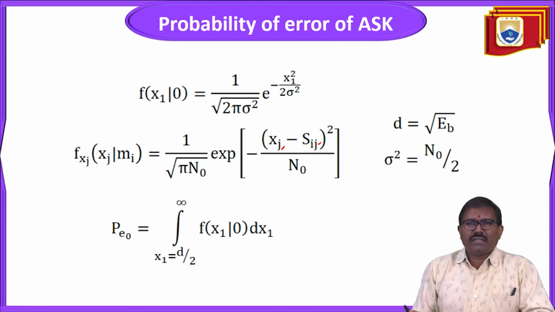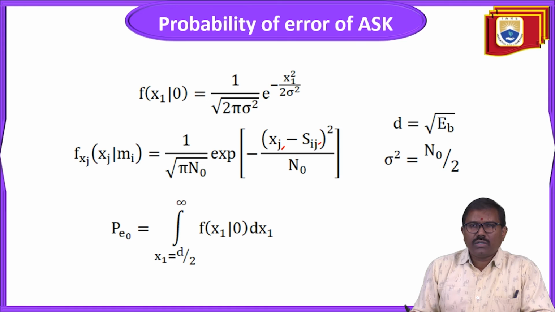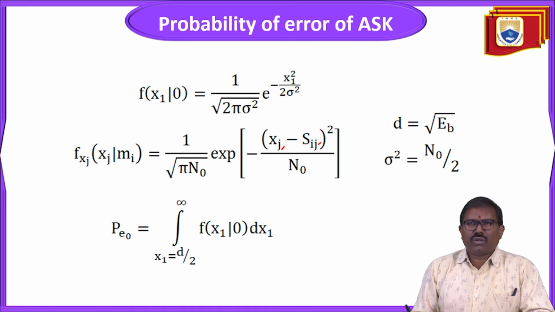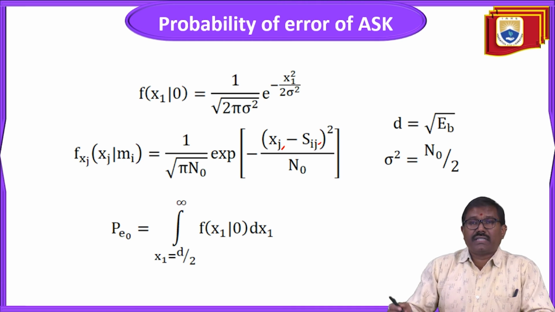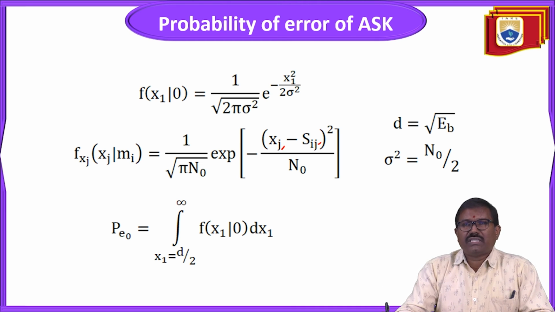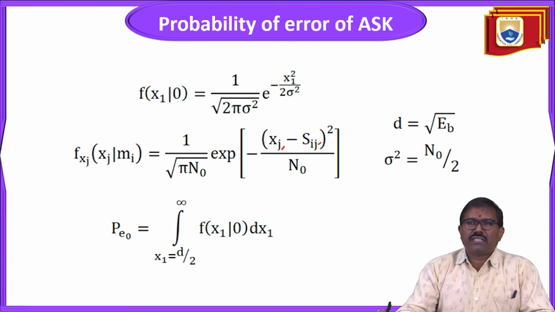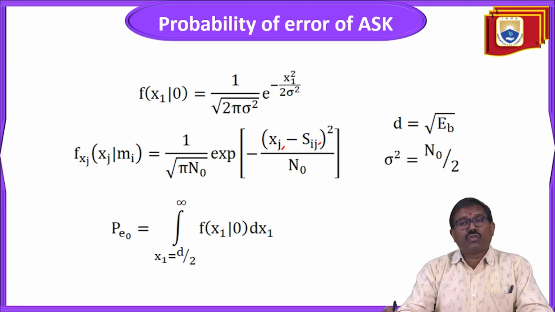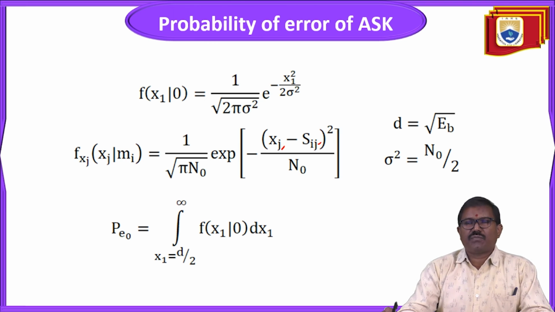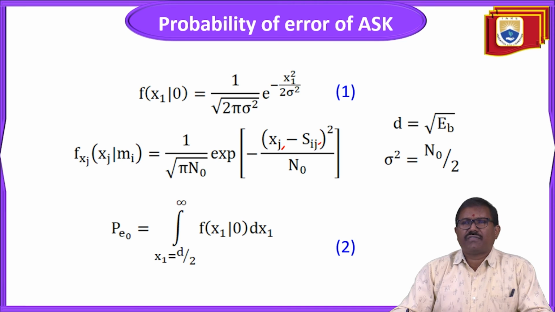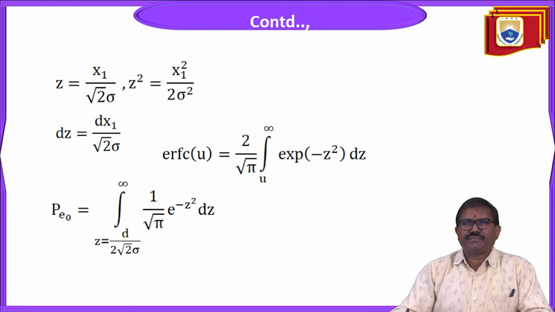So the probability of error for symbol 0 is equal to the integral from x1 equal to d by 2 to infinity of f of x1 conditional on 0 dx1. Here also symbol 0 was transmitted. So this is the first and second equations.